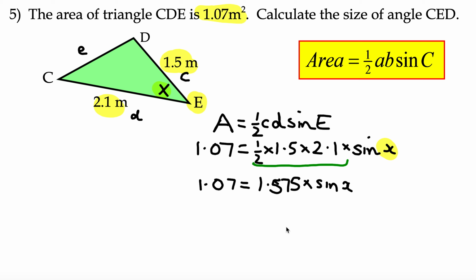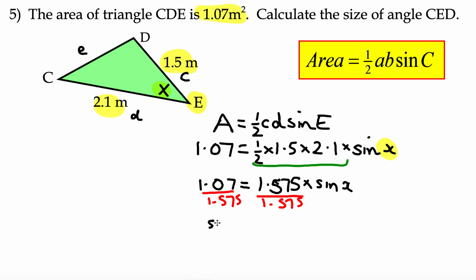Okay, now again we want to get sine x, the thing that we don't know, on its own, and we would normally do that in algebra. We would normally get rid of anything multiplying by dividing, so we're going to divide through by 1.575 on both sides of the equation. And I'm going to flip it around now and put sine x on the left.